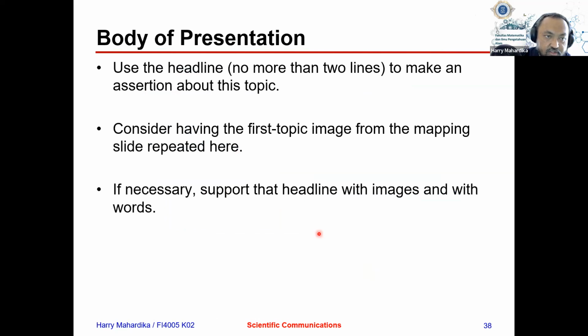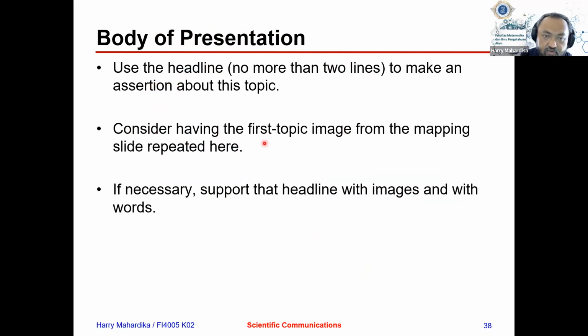For the body of the presentation, we use a headline, no more than 2 lines, to make an assertion about this topic. So in a scientific meeting or in your defense, it is preferable to use a headline, the title of your current slide, in the body part of your presentation.